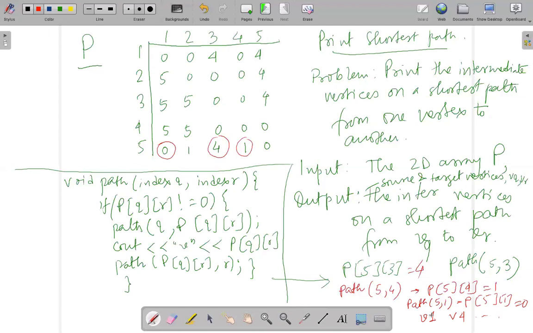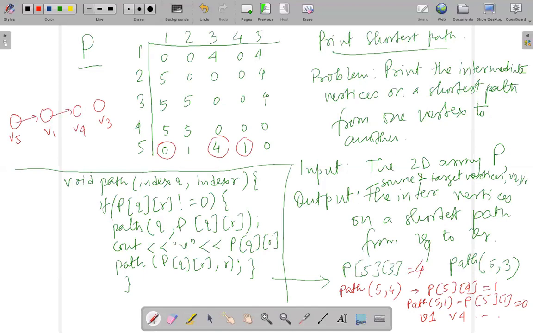So this amounts to saying that the path from V5 to V3 goes via V1 and V4.